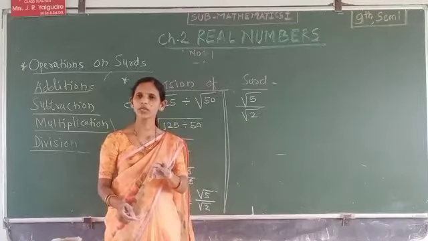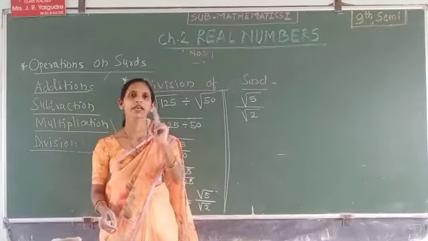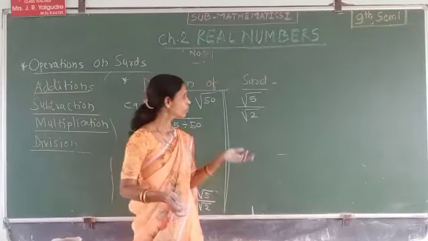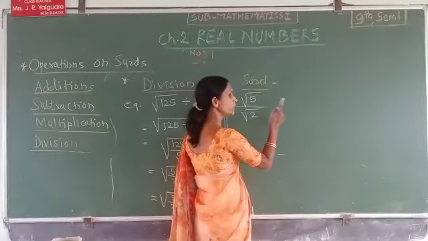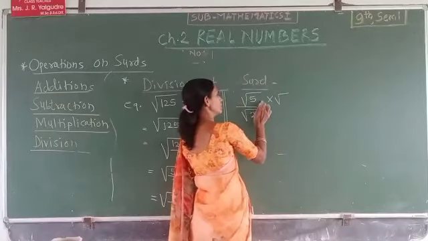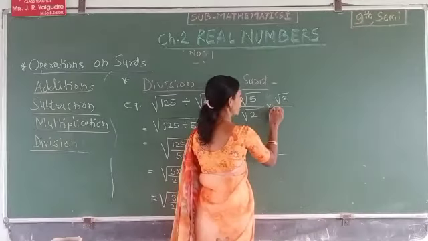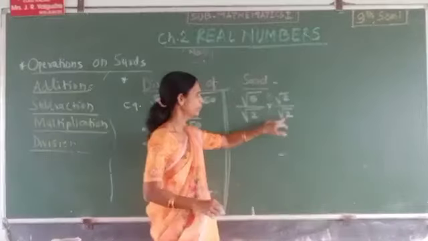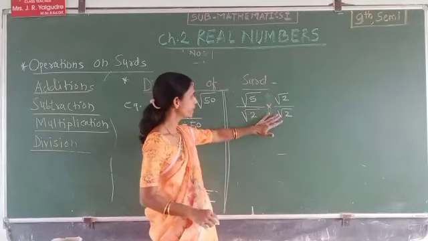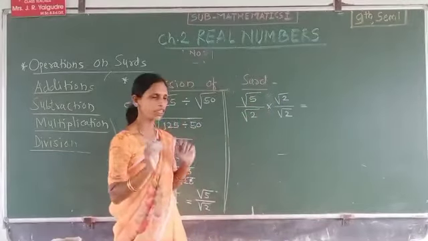If the denominator is an irrational number, then we have to convert that irrational number into its rational form without changing the value. Then to convert that root 2 into rational, we have to multiply and divide by root 2, the same number. We can multiply as well as divide by that same number, then the value of this root 5 upon root 2 cannot change.